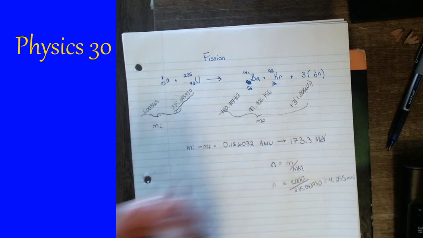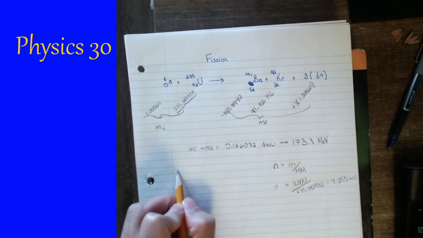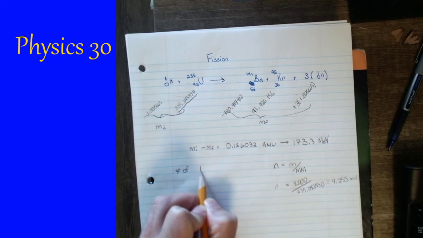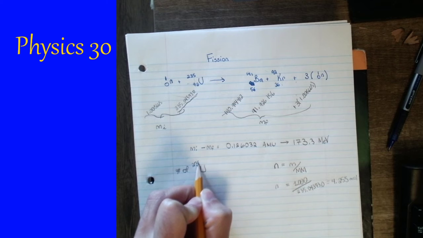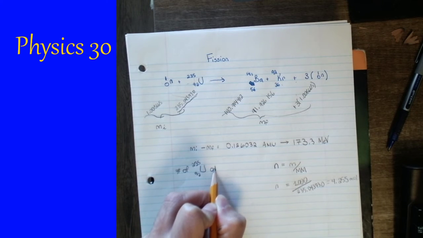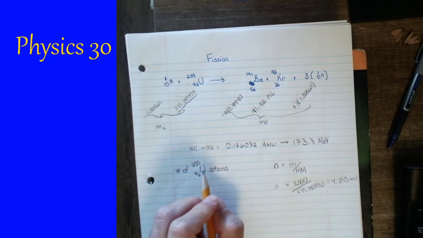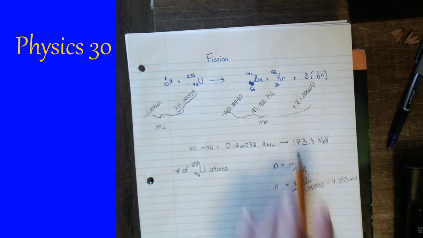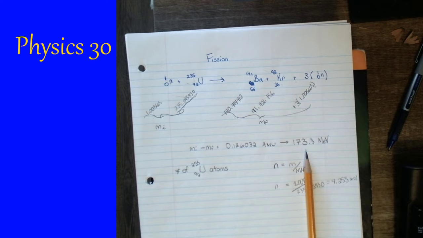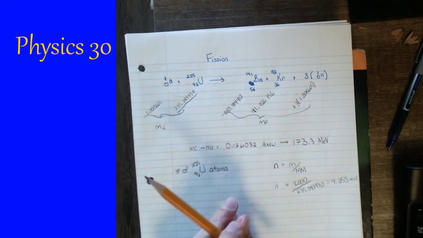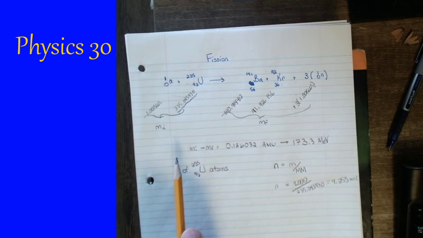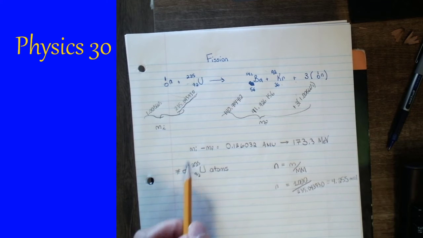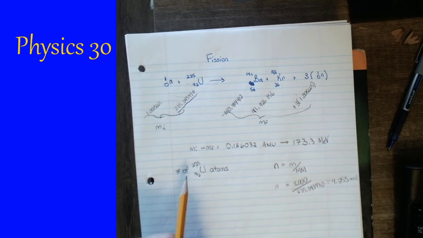Okay, so then what we want to do from there is understand the number of uranium-235 atoms within a kilogram. Avogadro's number is going to help us there. That's 6.022 times 10 to the 23. Within 1 mole, there will be 6.022 times 10 to the 23 atoms.